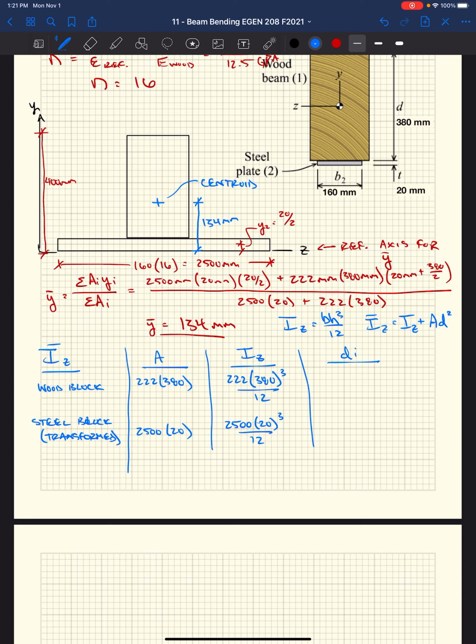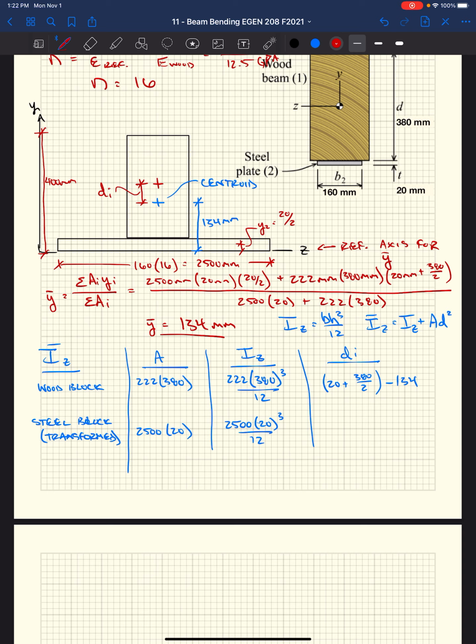In this case, for the wood block, it's going to be 20 plus 380 over 2 minus 134. d sub I for our wood block is going to be the distance from our reference axis all the way up to its centroid, which is the thickness of our plate, which is wood now, plus half the distance of our wood block, minus the distance to the centroid.